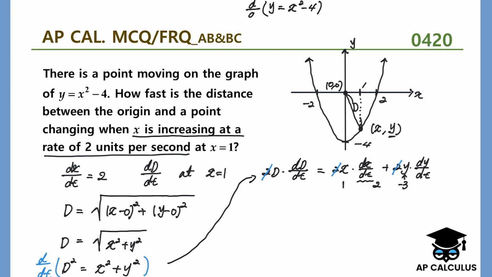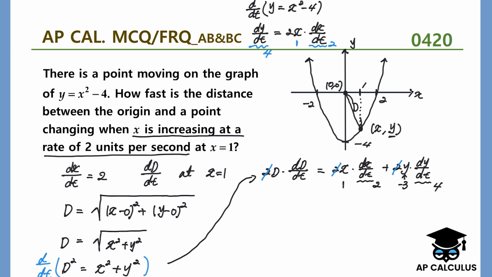So dy over dt is equal to power rule, 2 times x times dx over dt, right? dx over dt is 2. It is given that this value is 2, and x is equal to 1, right? So dy over dt is 2 times 1 times 2. This is going to be 4, right? So we're going to substitute 4 here.